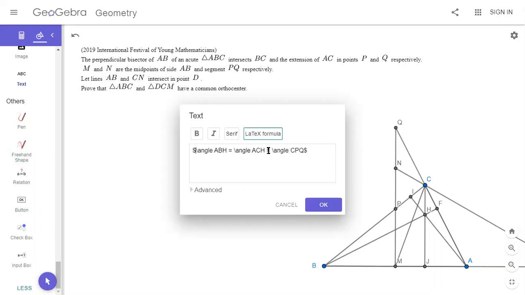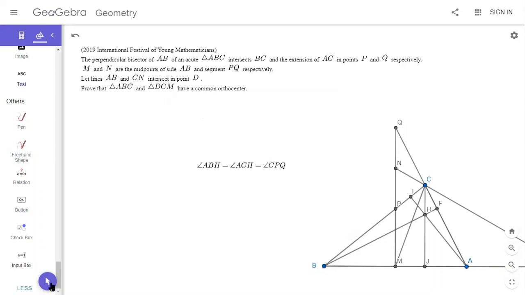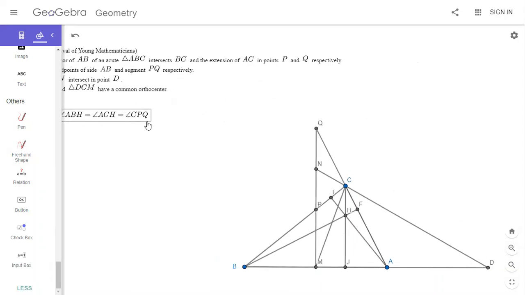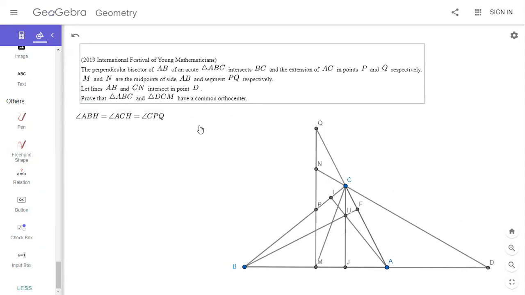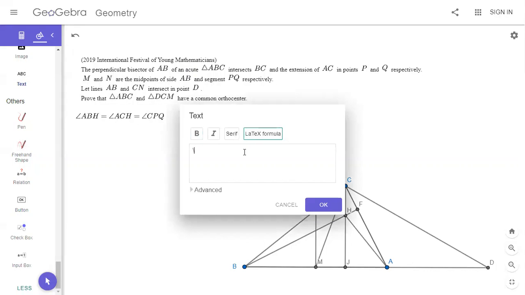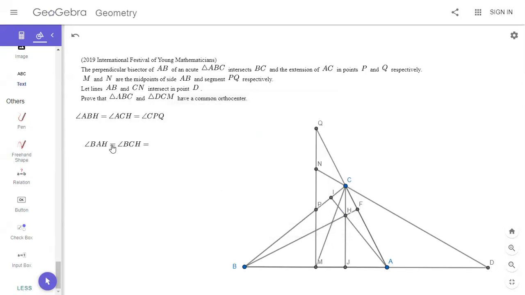And then we also have angle BAH is equal to angle BCH. BCH is equal to CPQ.